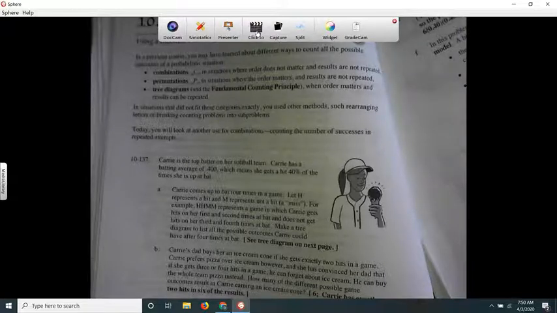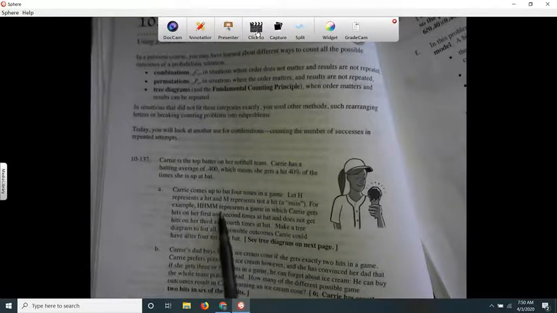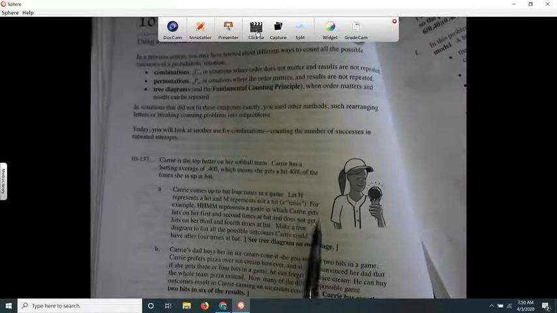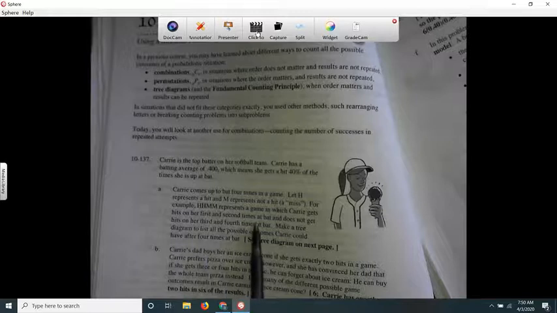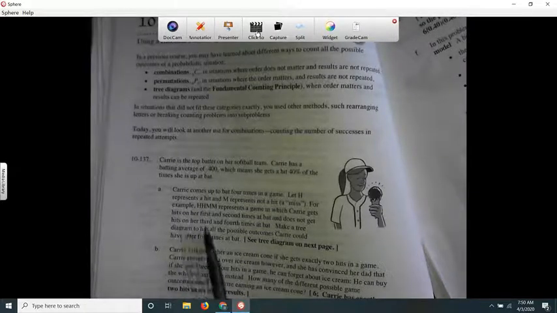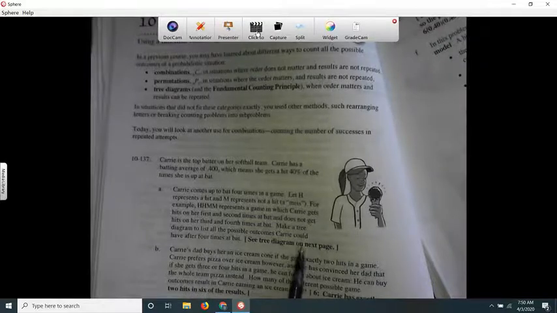Let H represent a hit and M represent not a hit, or a miss. For example, HHMM represents a game in which Carrie gets hits on her first and second times at bat and then does not get hits on her third and fourth times at bat. Make a tree diagram to list all the possible outcomes Carrie could have after 4 times at bat.